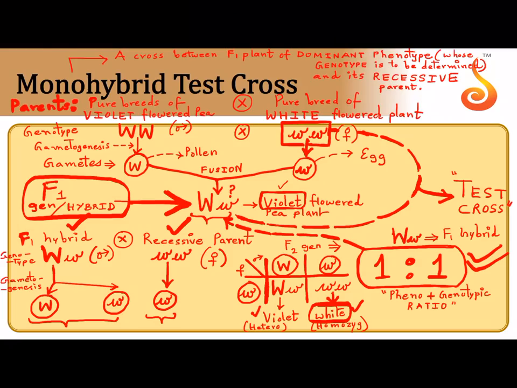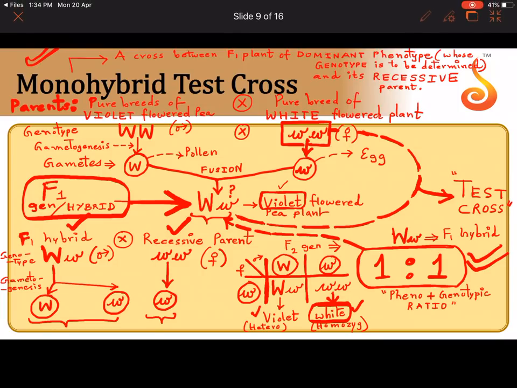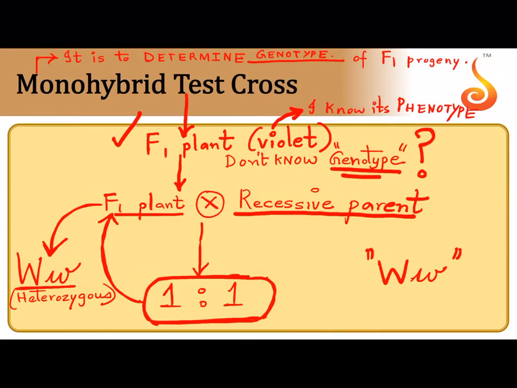So you should learn, in the previous slide I have given you at the top of the page, the definition of test cross: a cross between an F1 progeny or F1 plant of dominant phenotype whose genotype is to be determined and its recessive parent. Like I've shown here, the F1 plant is crossed with its recessive parent. And how will you know that the F1 plant is heterozygous?